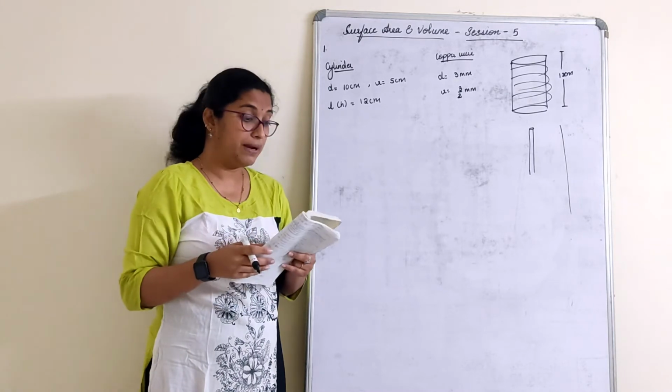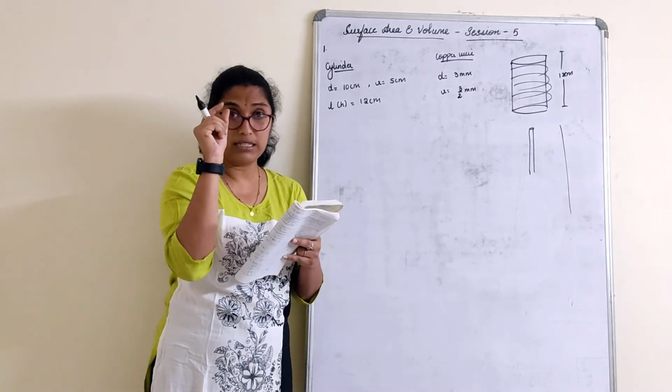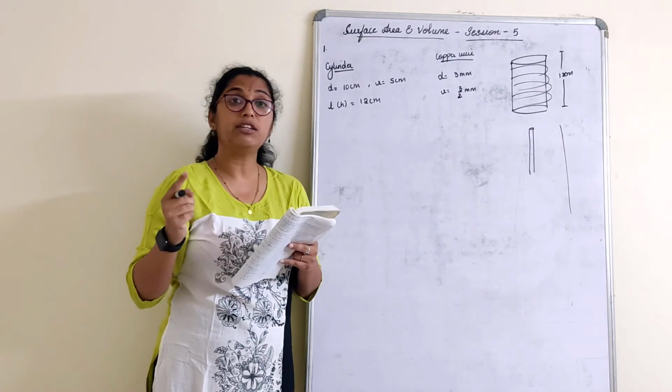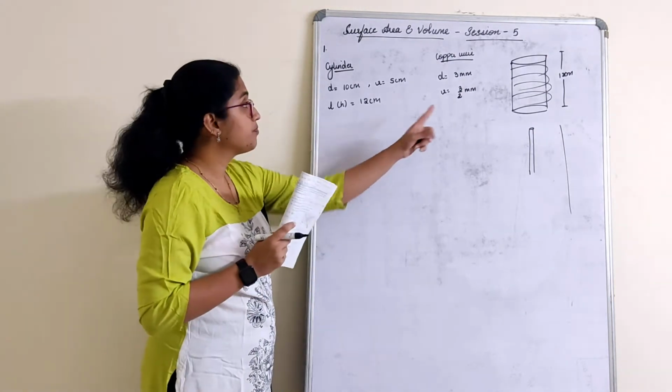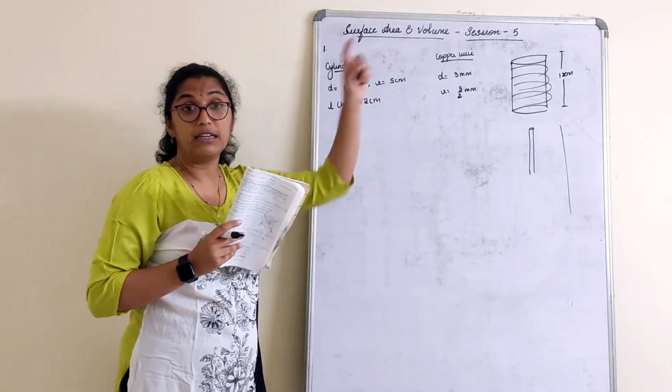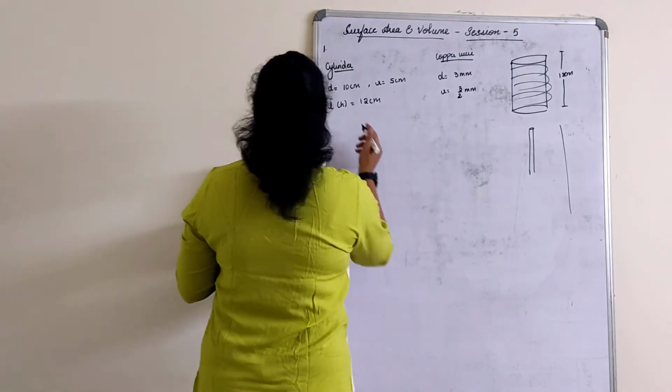Now that will depend upon the diameter of the wire into the number of rounds, which will give you the length of the cylinder. Let's write down.